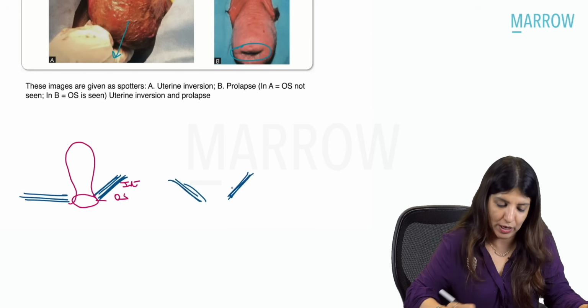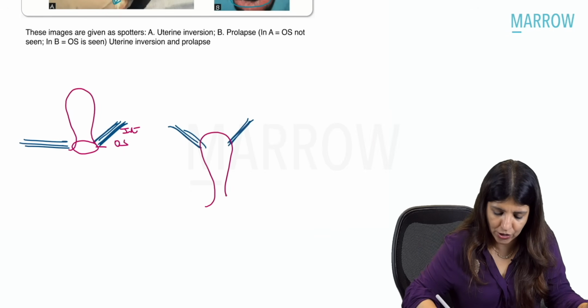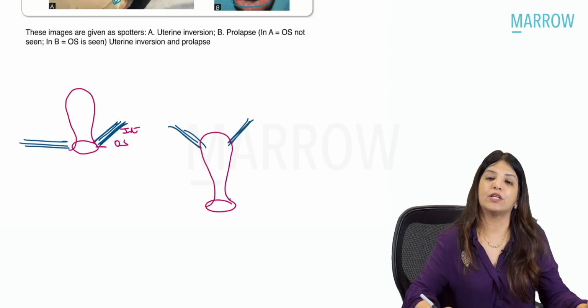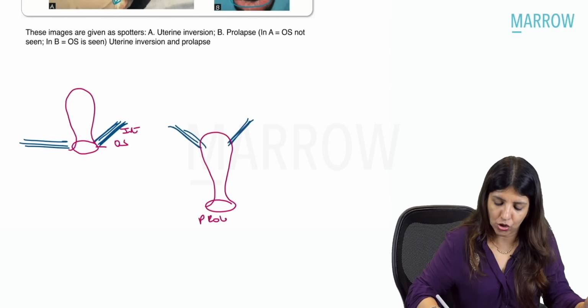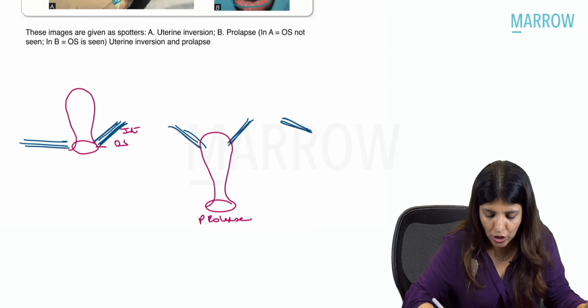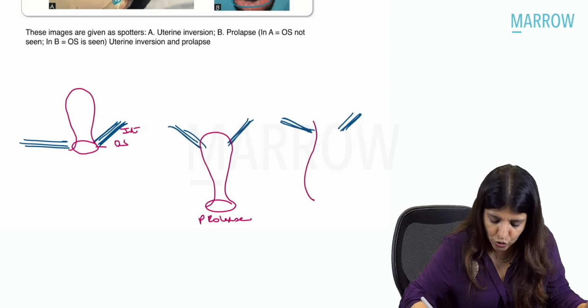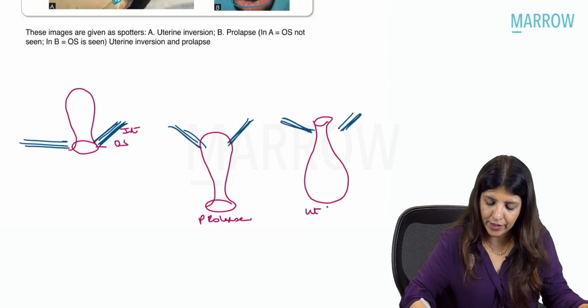In case of prolapse, the entire uterus is going to come out like this only. Right, so there is downward displacement of the uterus. Whereas in case of uterine inversion, it is the fundus of the uterus which inverts and comes out. This over here is uterine inversion.